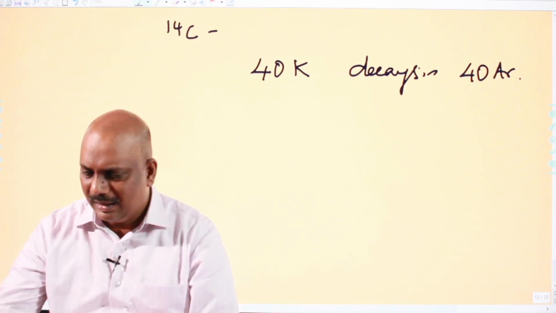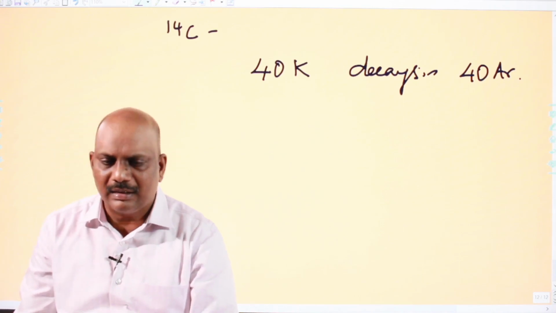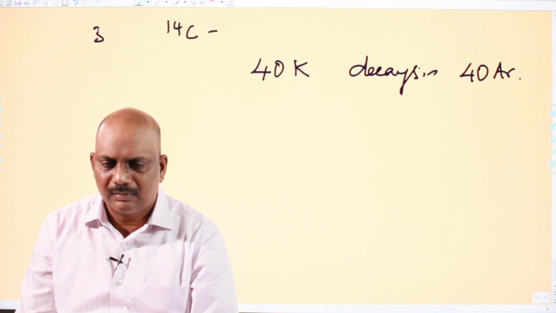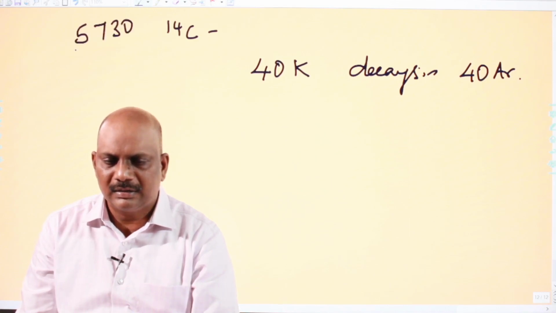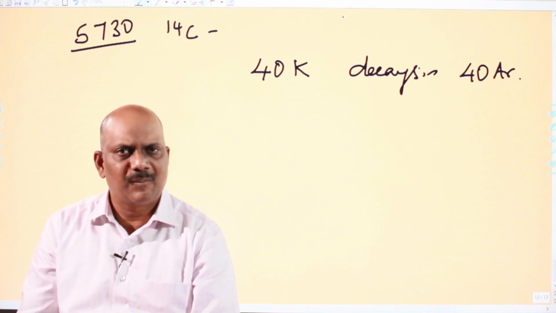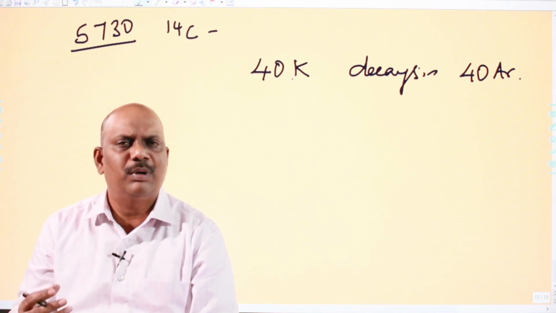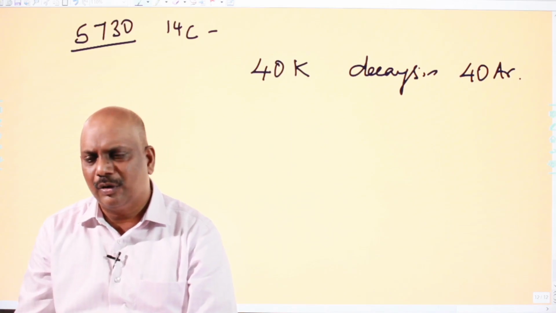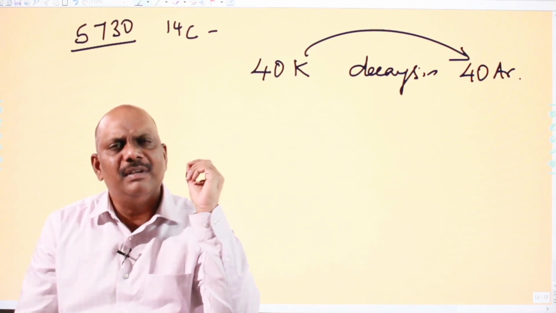It takes close to around 5,730 years for half of the radiocarbon to decay. We have used that technique. Here, 40K, this potassium, decays into 40 argon, and here it decays at a very slow rate.